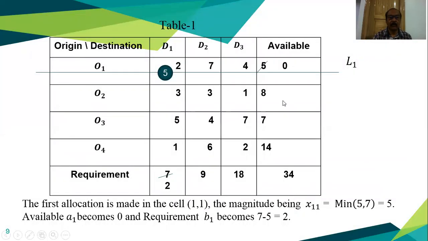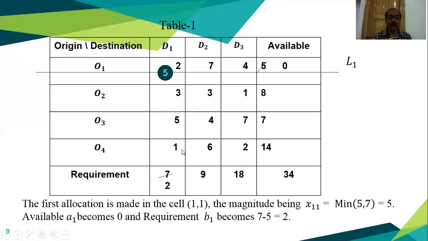First, we follow our step 1. Consider the upper left corner. Here the demand is 7 and the available is 5. So we allocate the minimum in the cell 1 1.